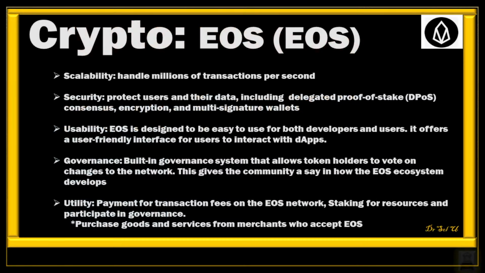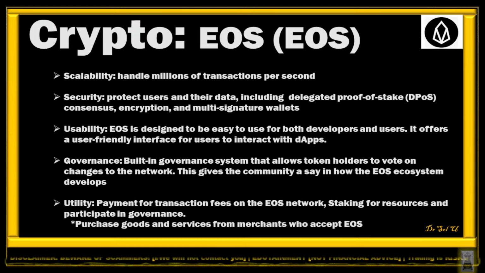Now let's look at the coin of focus today before we proceed to the chart. It is EOS. EOS is a blockchain itself, but it has a token also called EOS. Now, what are the salient features of EOS? It is scalable and it can handle millions of transactions per second.